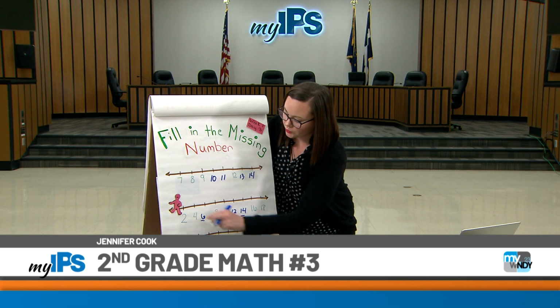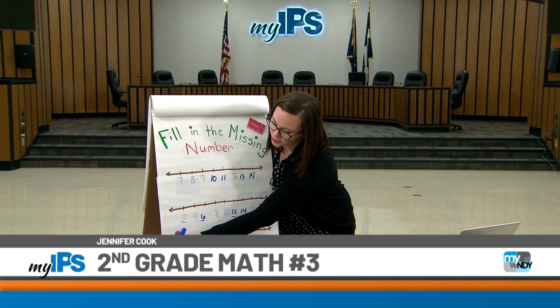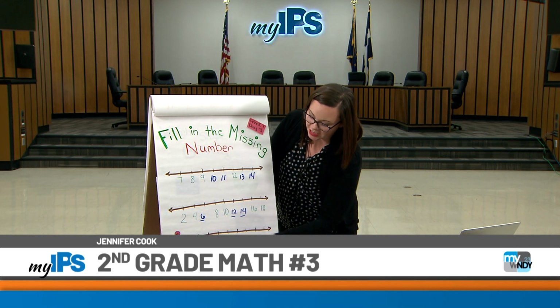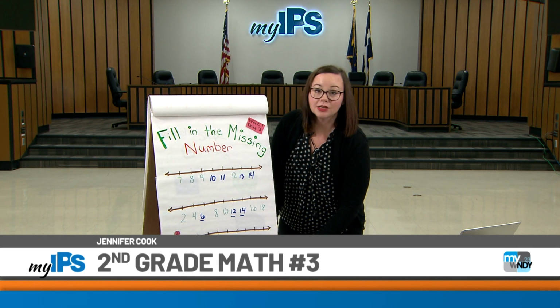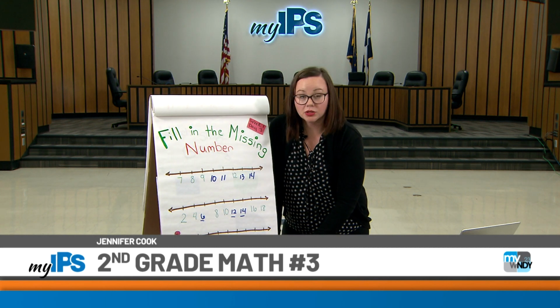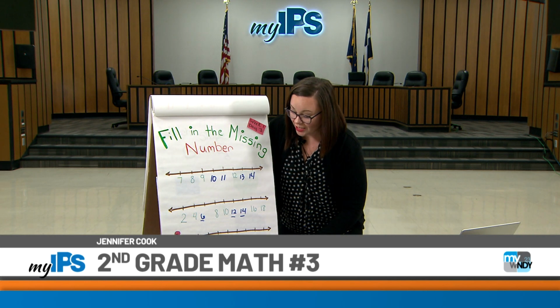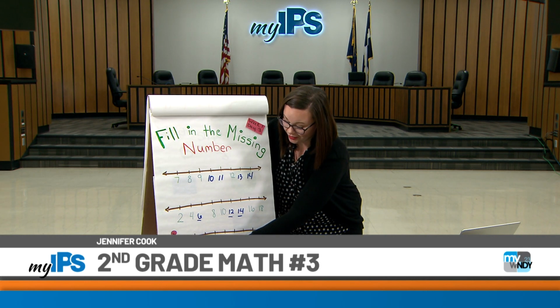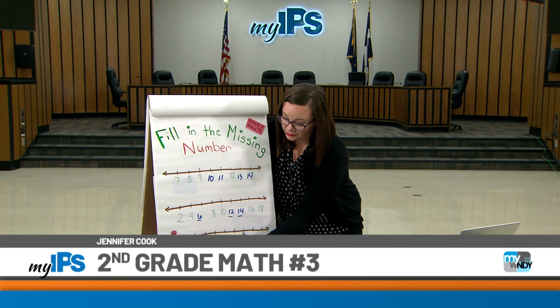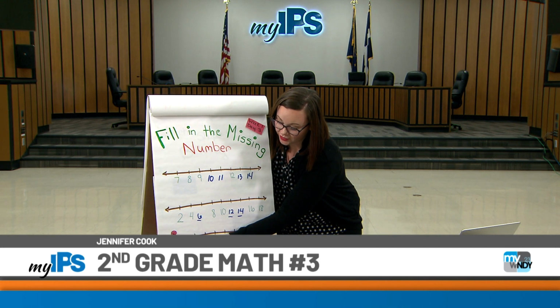Let's move down to the very last one. And already I can see the pattern. I know that these are multiples of 5, or I'm skip counting by 5. The reason why I know that is because I see the 5, 10, and I bet you this one is 15.